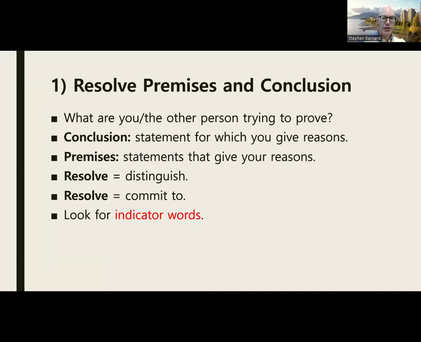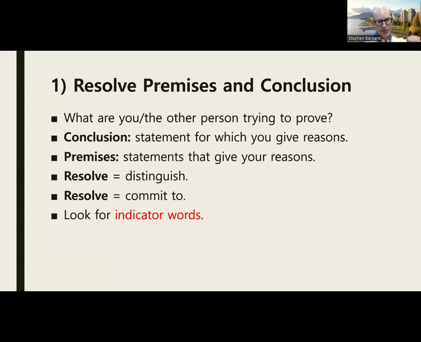So rule number one, let's start with that. You want to resolve premises and conclusion. In your own argument, you want to have a very clear idea of the point that you're trying to prove. Okay, what is the point that you want to get across? You obviously need some kind of reasons or evidence in order to support your conclusion.